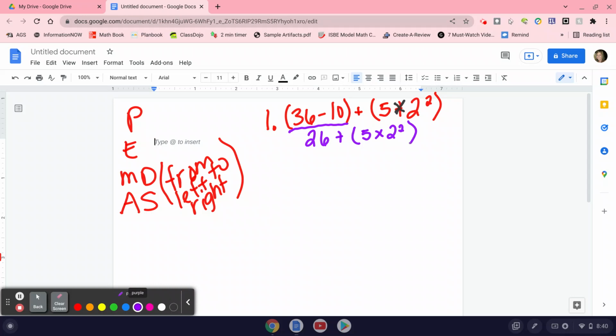Exponents. Okay, so we're going to do exponents next. So underline 2 squared. Usually, even if you're confused by exponents, you guys get 2 squared correctly. Because a common error, if you see 3 squared, you take 3 times 2, which is wrong. But why do you get lucky when it's 2 squared, Maya? Because it's 2 times 2. Yeah, even if you do it wrong, you would do 2 times 2.